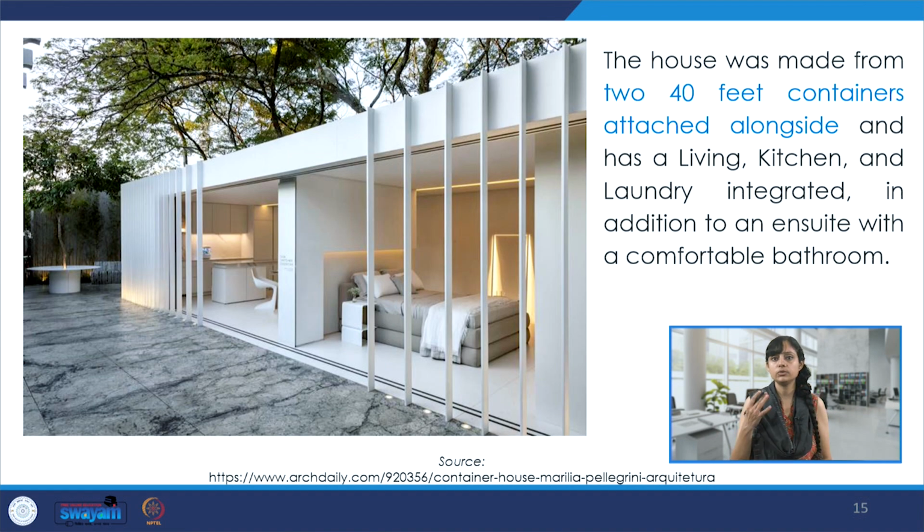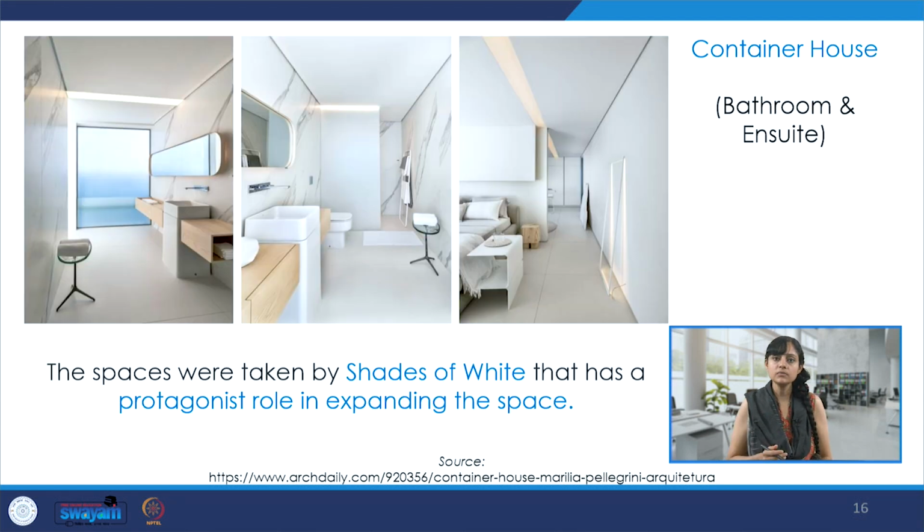There are two 40-feet containers which are attached alongside, and there are spaces which are generated: living space, kitchen space, laundry, a comfortable bathroom, etc. So it's an example and demonstration of reuse. And we see a lot of use of shades of white. Again, it makes the space look quite expensive and big.